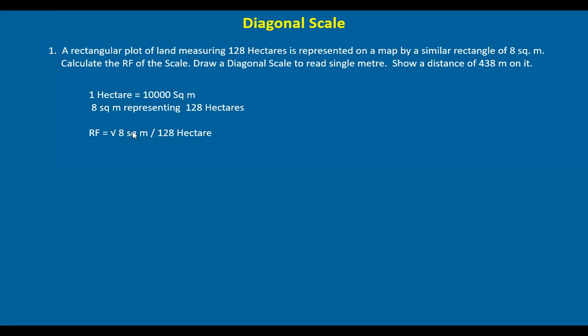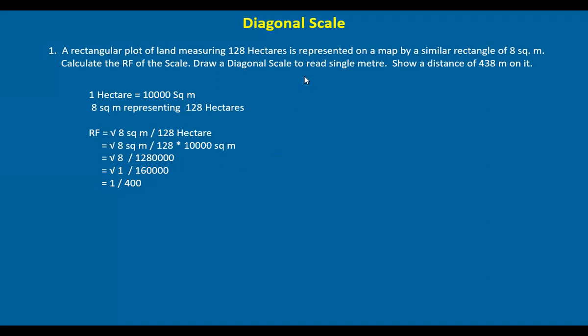So square root of the area on the map divided by the original area. Convert this hectares into square meters, into 10,000 square meters. So convert it, you get square meters and you get this, and further simplifying and the square root of it gives 1 by 400. That is the RF.